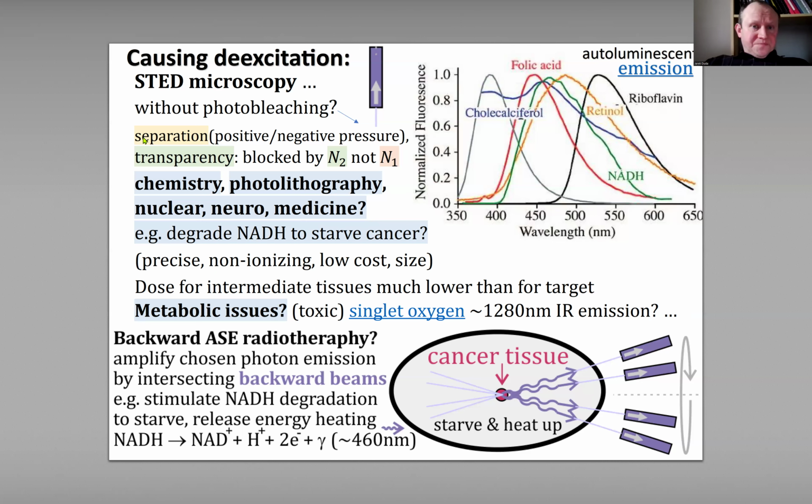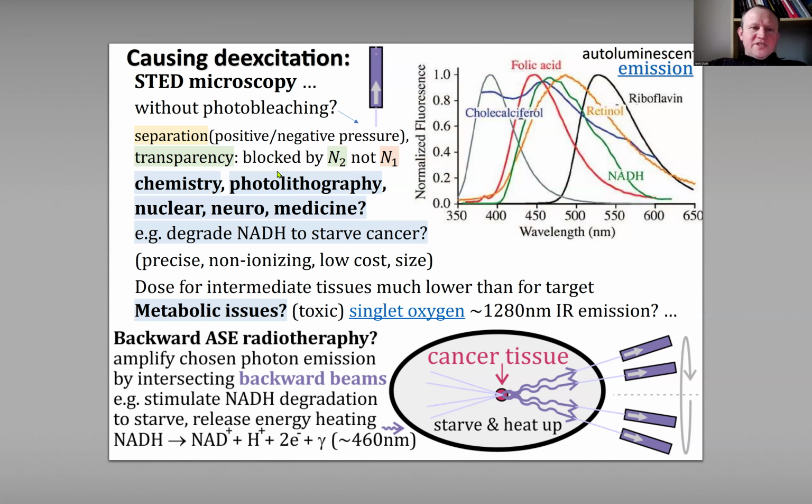Then the transparency should be very interesting. Standard photons are blocked by N1, the ground state atoms, while these CPT photons, with negative radiation pressure, should be blocked by N2, by excited atoms on the go. And usually there is a much lower number of those, so there should be much better transparency.